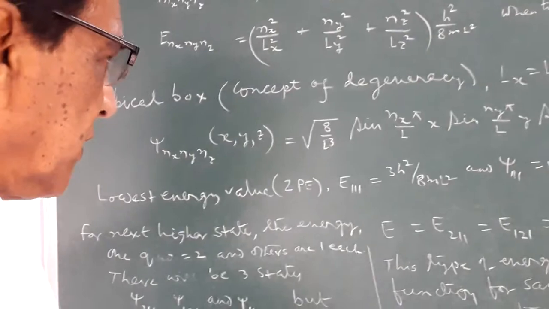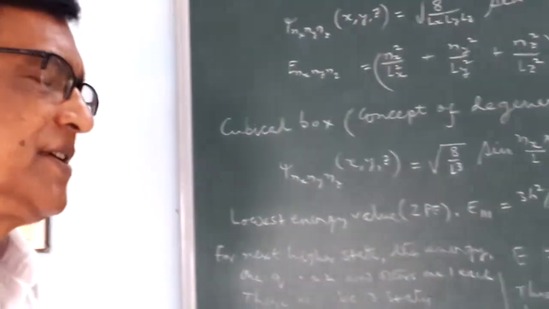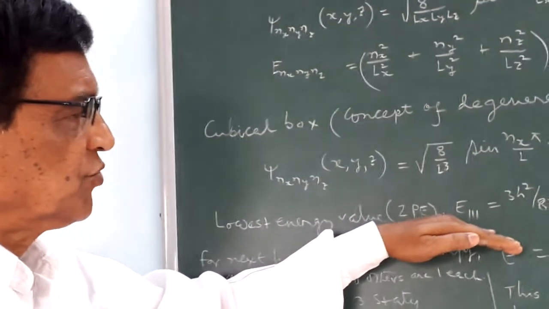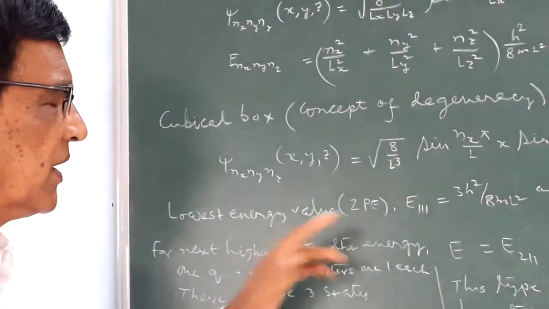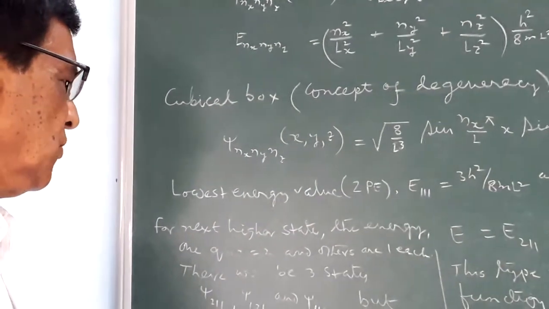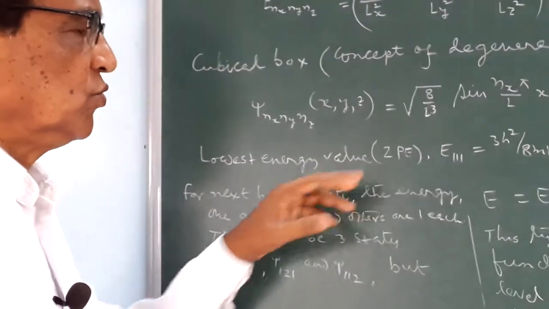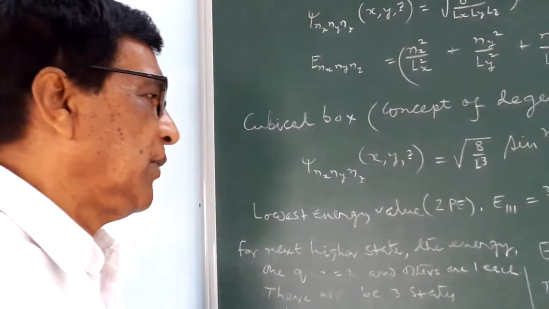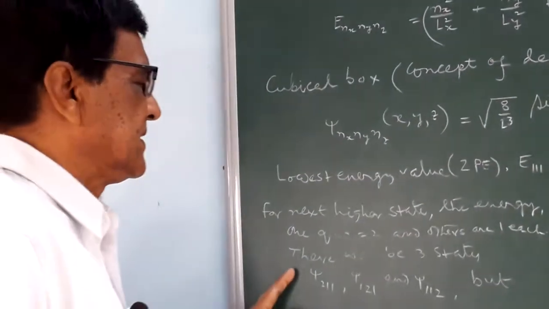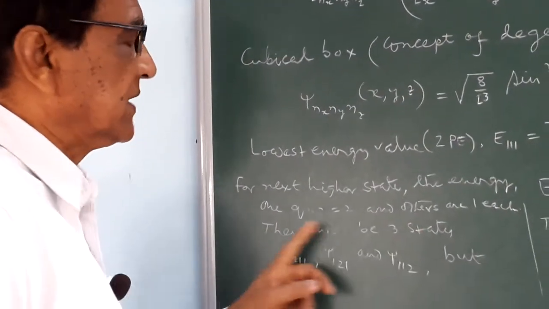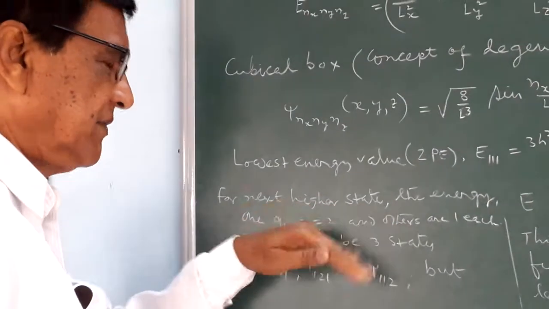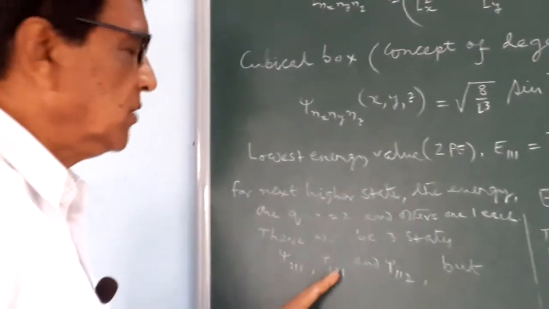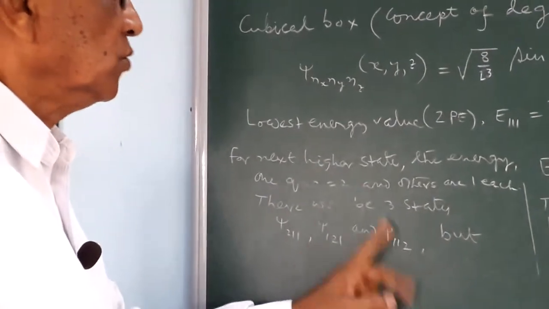And for the next excited state, we shall have to change one quantum number. Say one quantum number is equal to 2 and the other two each will be equal to 1. In this case, there will be 3 states, each having a wave function: psi 211, psi 121, and psi 112.